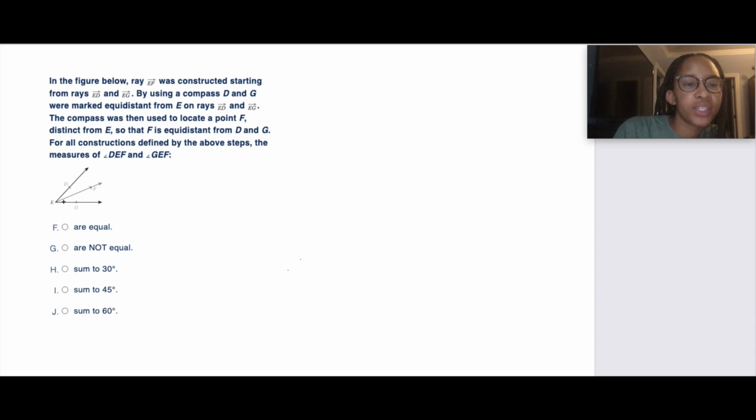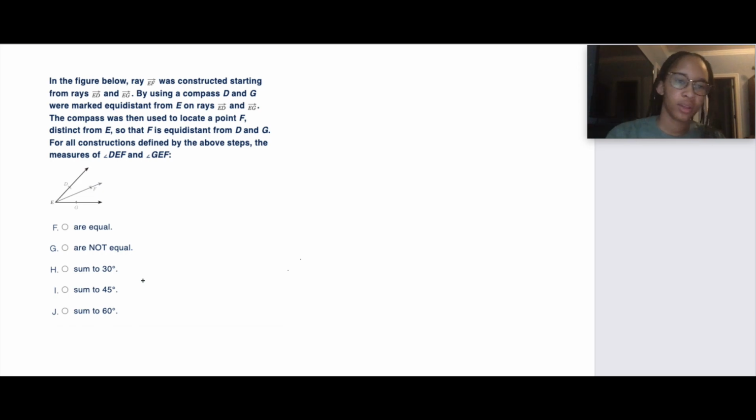The compass was then used to locate a point F distinct from E so that F is equidistant from D and G. For all constructions defined by the above steps, the measures of DEF and GEF are all of these.